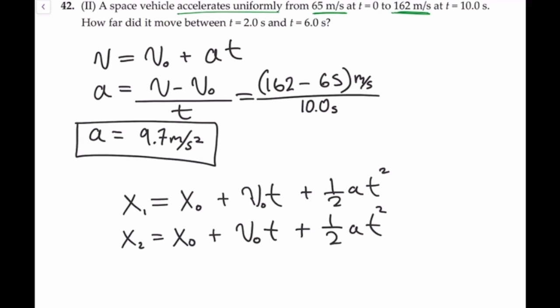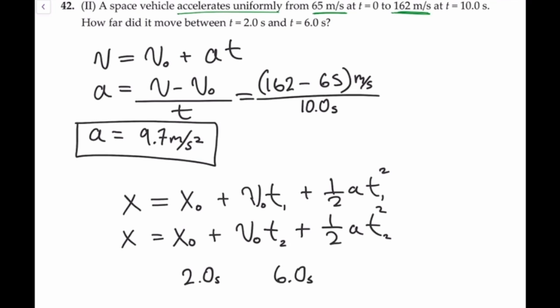The equation for distance 2 is going to have the time with more seconds. I should use the times instead. The starting time, because they're asking for the displacement, is 2.0 seconds, and the end time is 6.0 seconds.